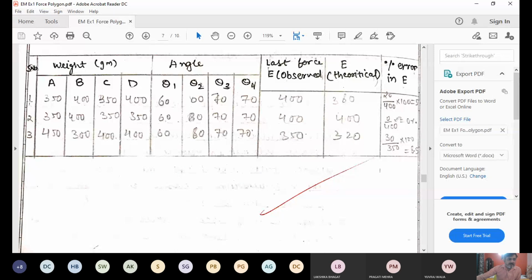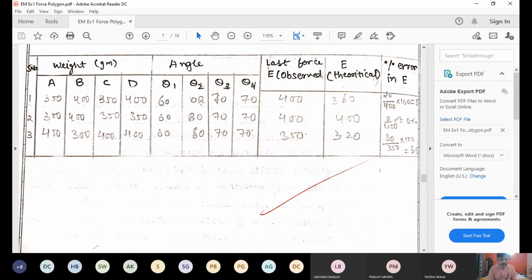So for the first experiment, the value of A is 350 grams, value of B is 400 grams, and C is 350 grams, D is 400 grams. And the angle is also given to you. Theta 1 is 60. Theta 2 is 00.